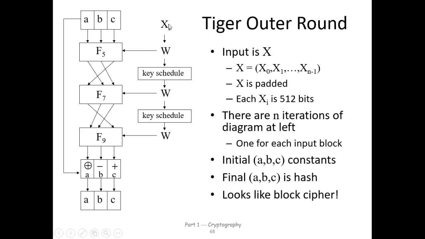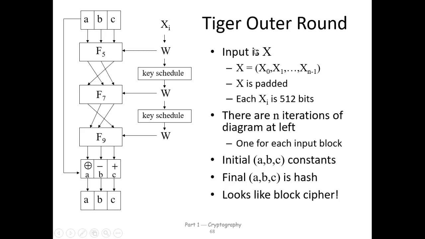Here xi is converted into W, and that W is given as input to the first intermediate function, and again the key is scheduled, and the next W is given as input to the F7 function. They have named these functions F5, F7 and F9.